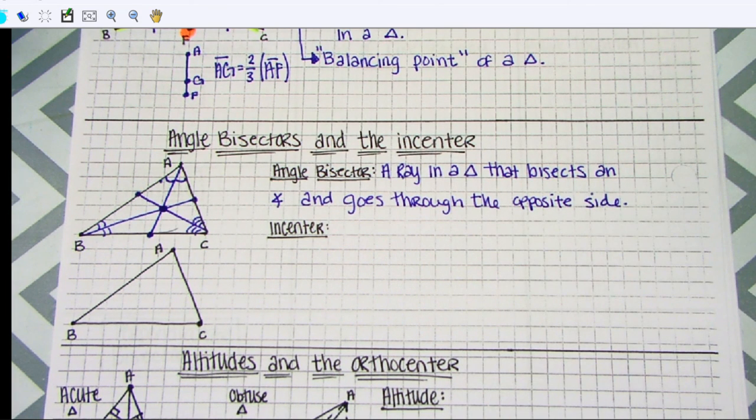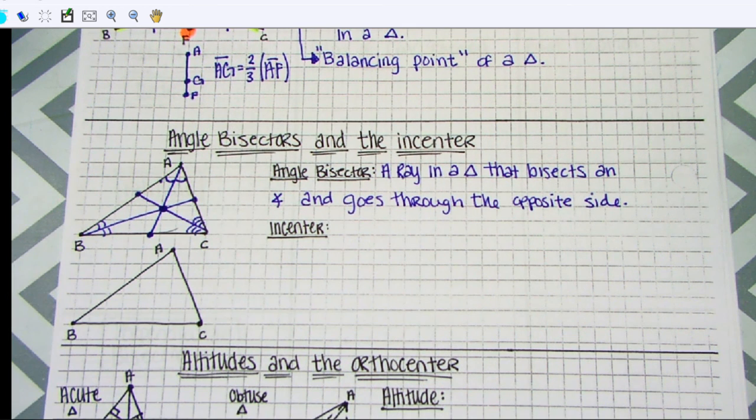An angle bisector has to start at an angle because it's cutting an angle in half. It's going to go through the opposite side. It doesn't cut the side in half. It's not a median. It's a bisector for angles. So it has to start at an angle, and it's going to go through the opposite side, but not through the middle.